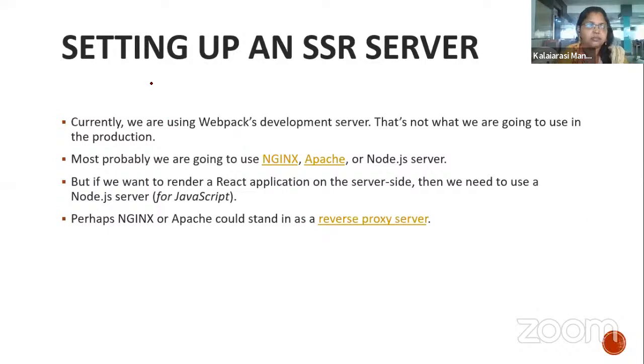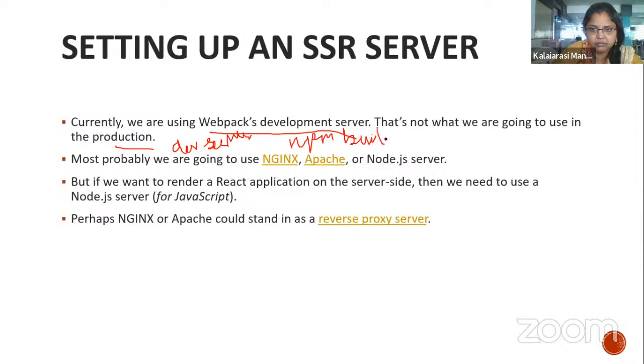Next, setting up a server side. Now what happens here is, currently we have installed the Webpack development server, and you have to set your things to the dev server as well as the production server. Like there is a command when you run npm build --prod.